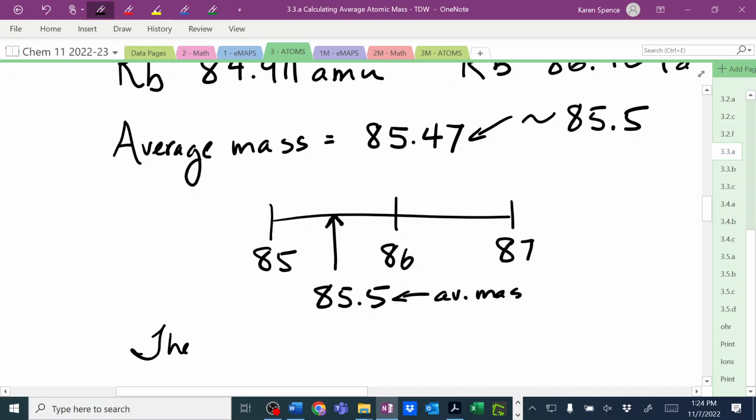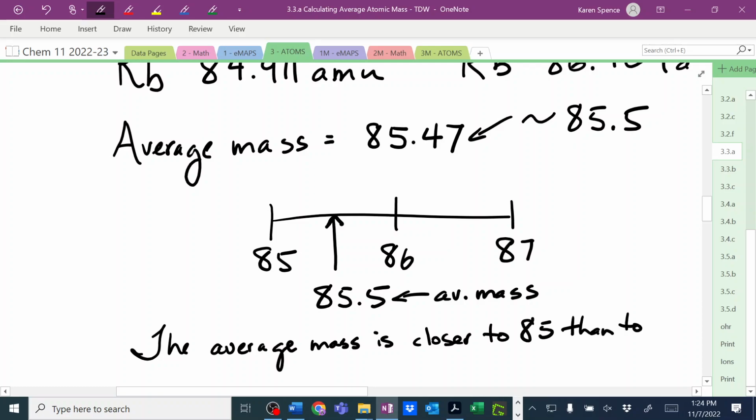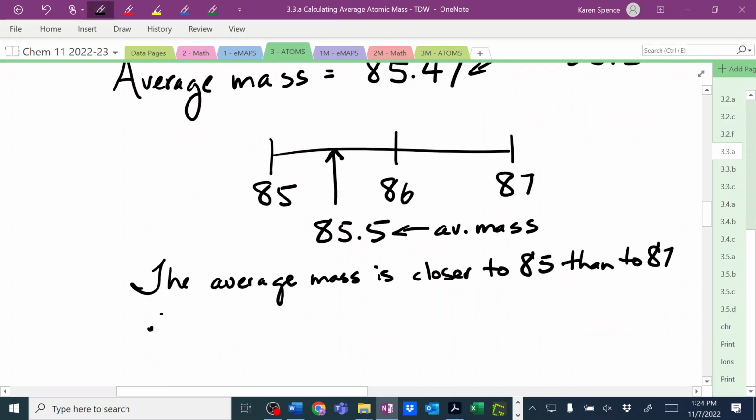That's our average mass. Therefore, rubidium-85 is more abundant. We have more of it.